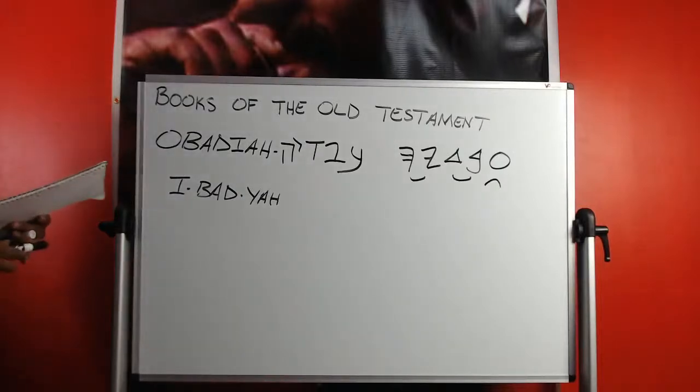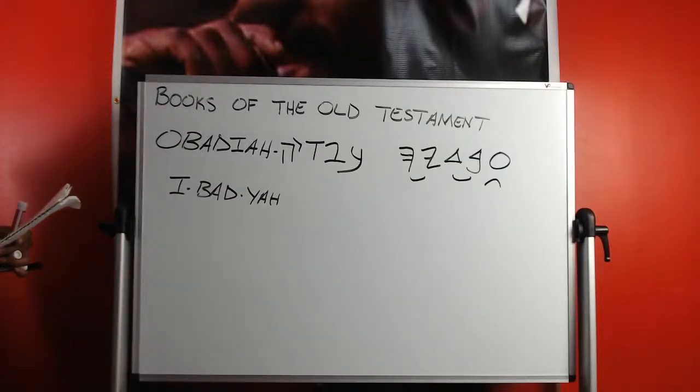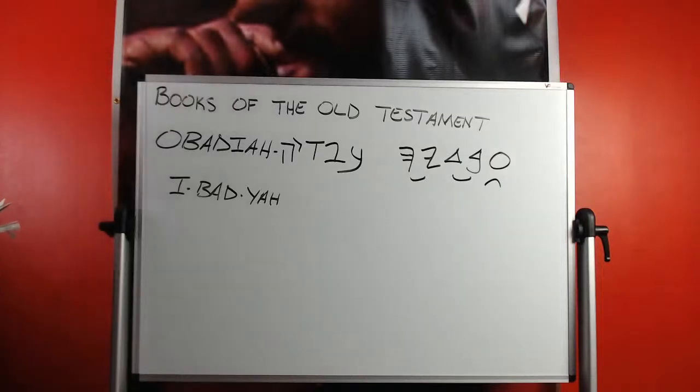We still got time. So, real quick, what is this one? That's Joel. Okay. Bamidbar. Bamidbar, that's Numbers.